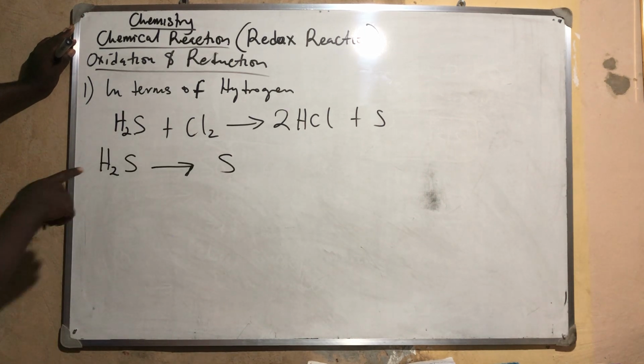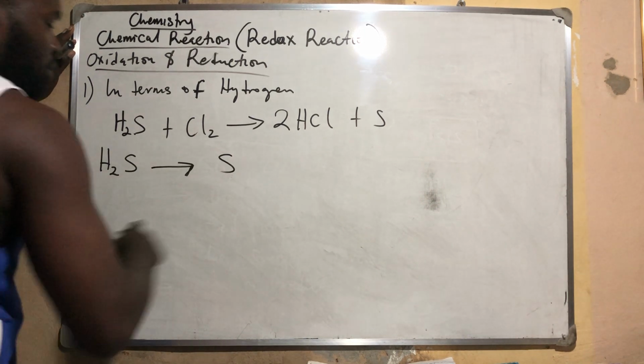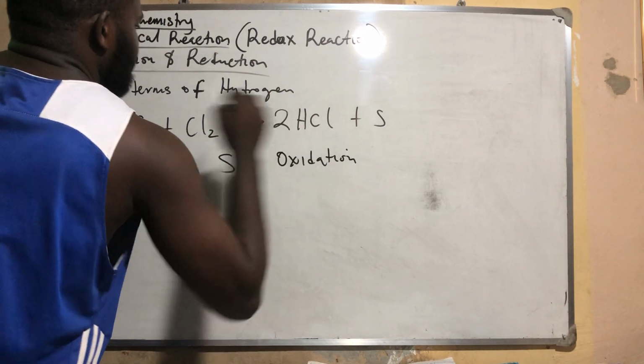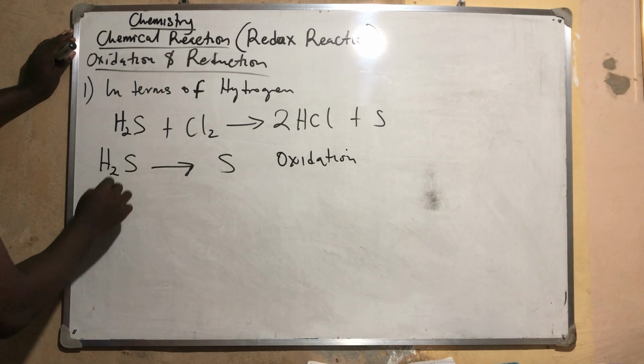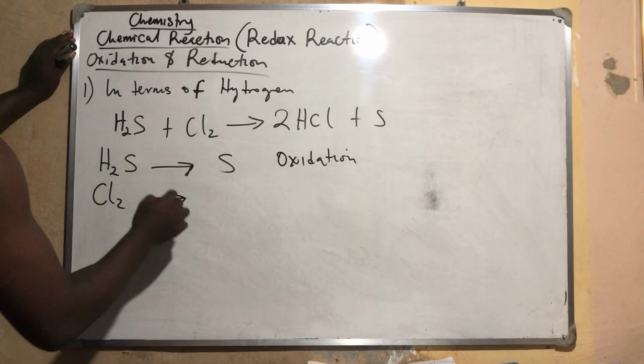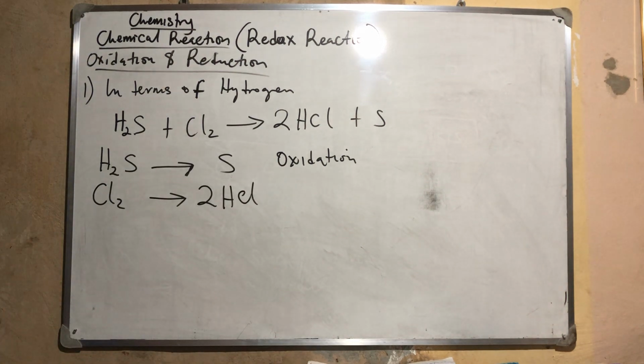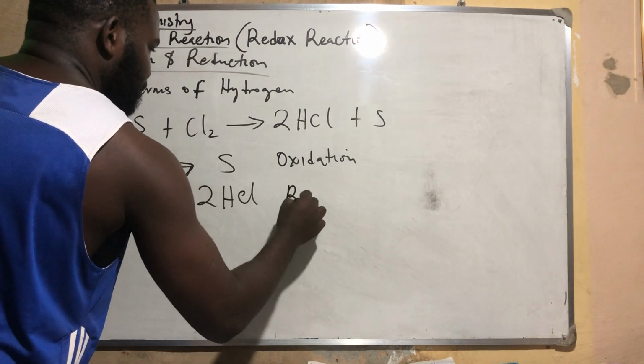So this is removal of hydrogen. Since it is removal of hydrogen, we call it oxidation. Now Cl2 was without hydrogen, and then it got hydrogen as the result, HCl. So this one is called reduction.